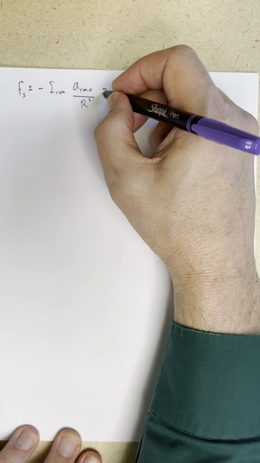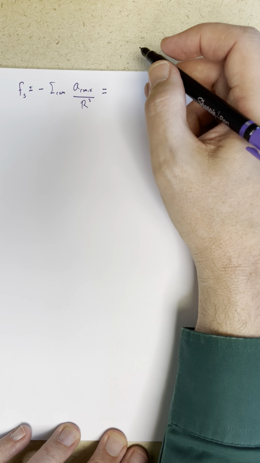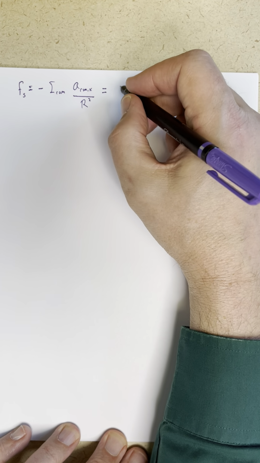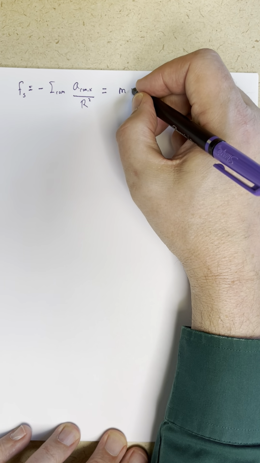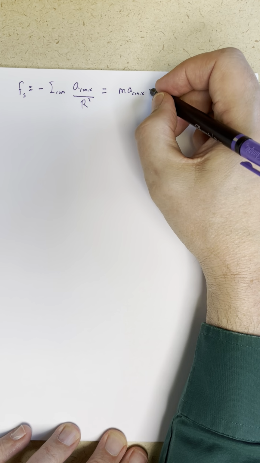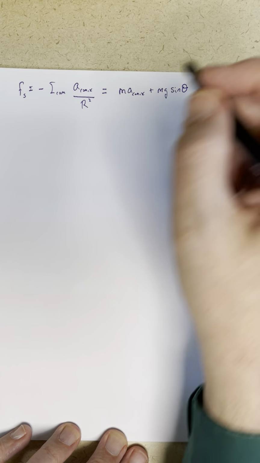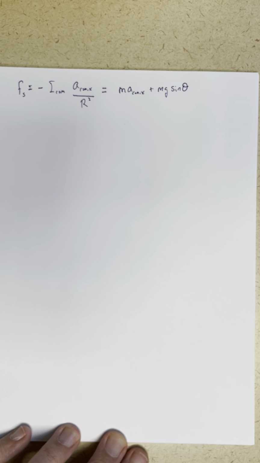And we also know from Newton's second law of motion that the force of static friction will equal the mass of the ball, acceleration at the center of mass x component, plus this fraction of the weight, mg sine theta. So that was from Newton's second law of motion along the x direction.